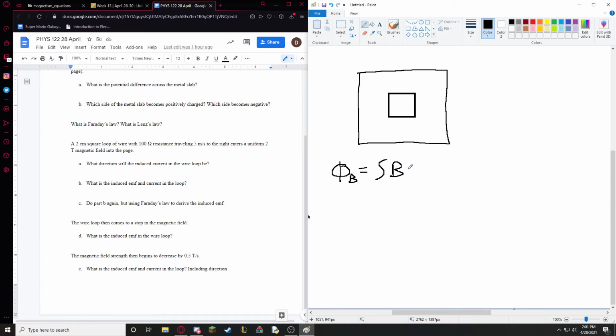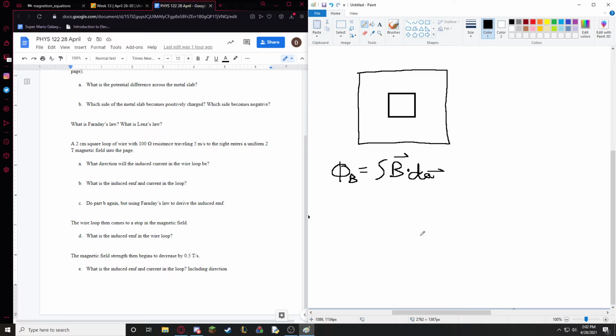Would it? Also, welcome, Mohammed. We're going over the last problem here. Why would it zero out? B would be a constant in this situation, right? And then you're left with, oh, right, we have to simplify the dot product.